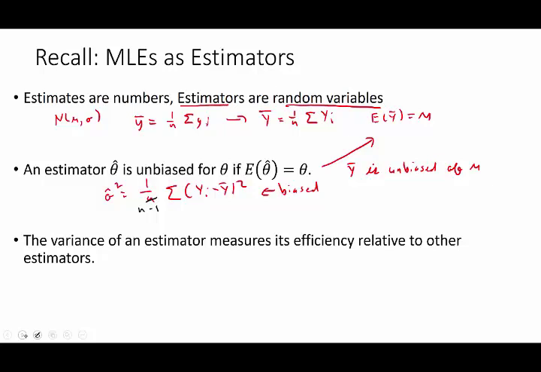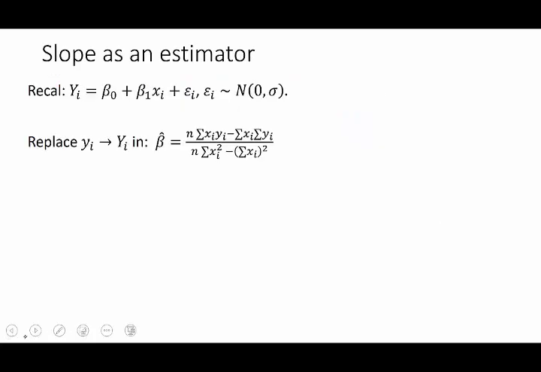So if you're following, hopefully so far, let's look at the slope from our regression line as an estimator. First of all, recall that yi in our simple linear model is beta naught plus beta 1 xi plus epsilon i, where these error terms, the epsilon i's, are normal with mean 0 and standard deviation sigma.